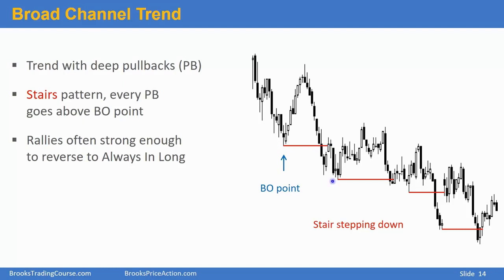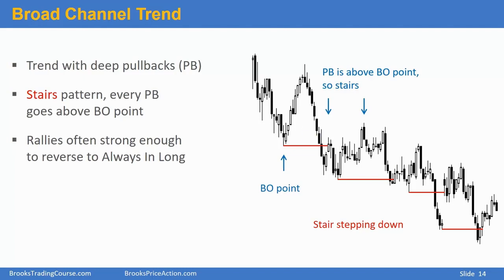Here's the breakout point, and the pullback goes above the breakout point, and all the way down. Here's the breakout point, and we have a pullback above the bottom of the breakout point. Here's another breakout, and it reversed up back above the bottom of the breakout. And when the pullbacks overlap the breakout points, I call it a stairs pattern. We're stair stepping down.